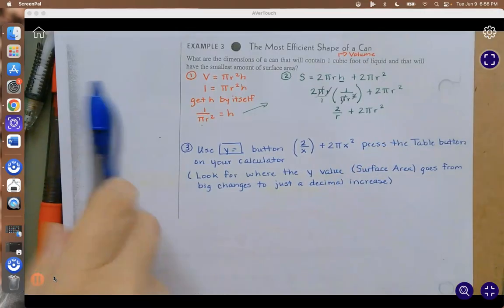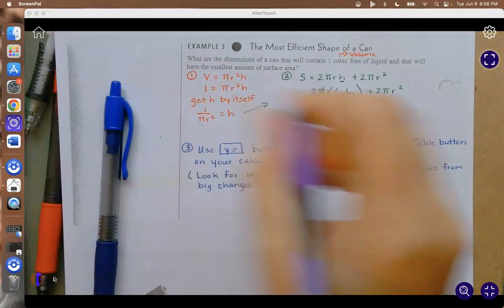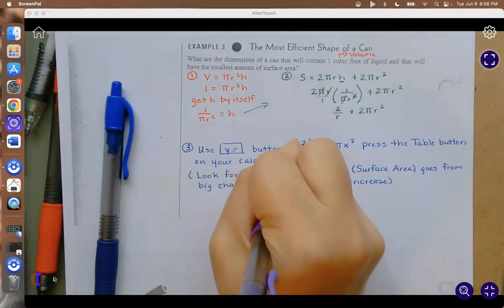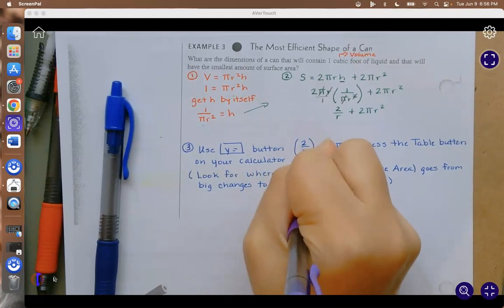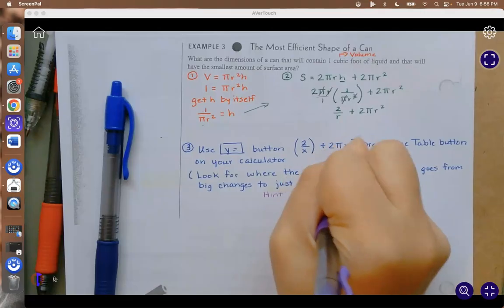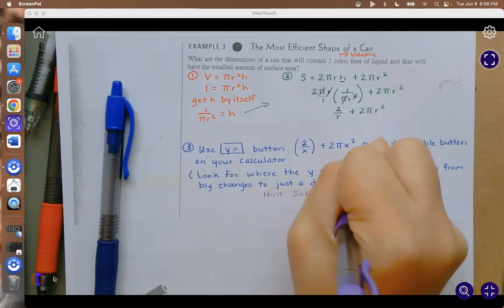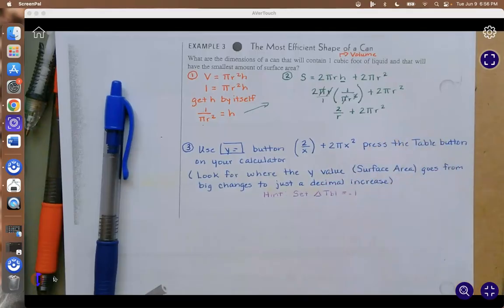Okay, and I want to put a hint right here. Set your table change to be 0.1.